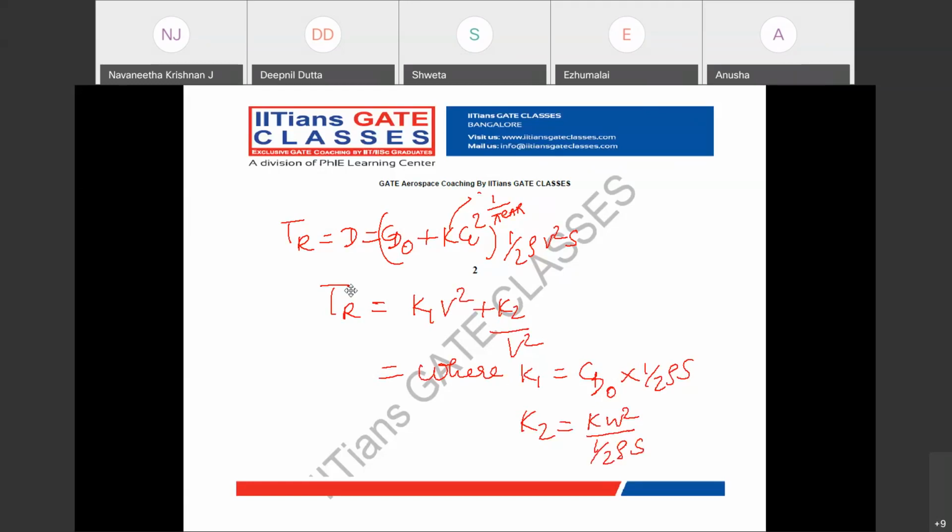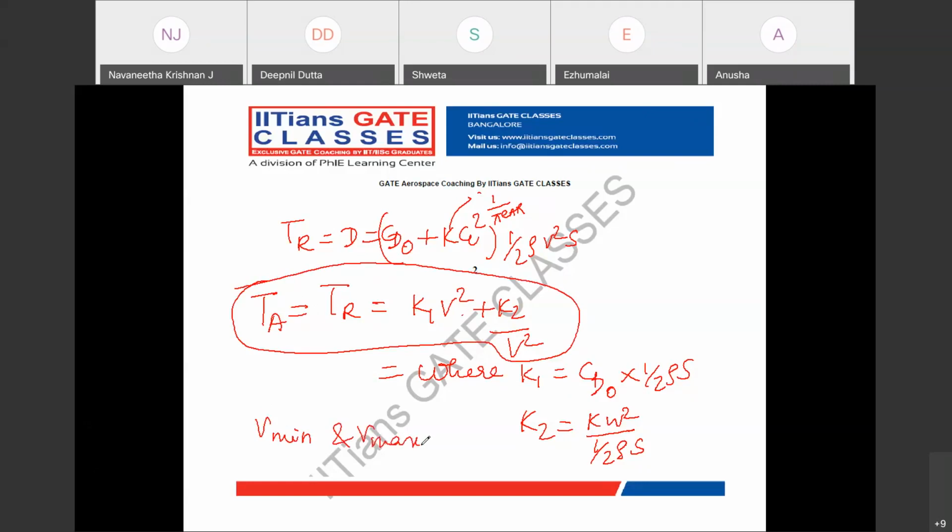If we equate thrust required equal to thrust available using this equation, we will get the two velocities, which are the minimum and maximum velocity. We generally measure aircraft performance in jet engines in terms of thrust rather than power.